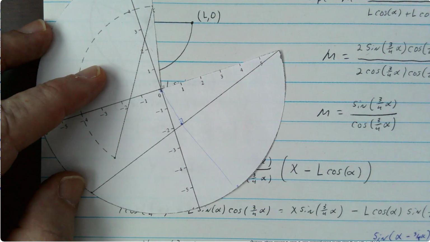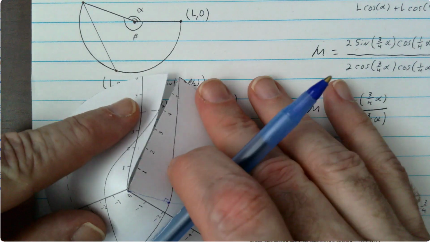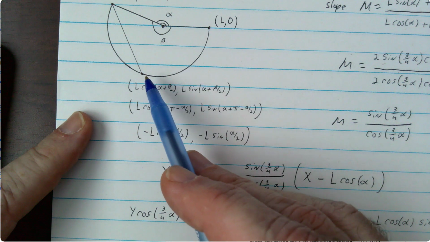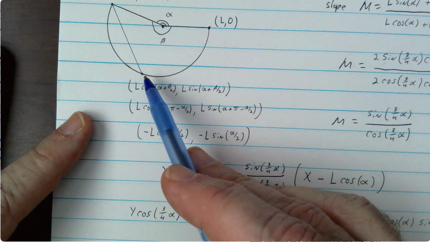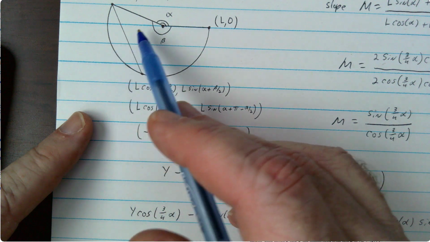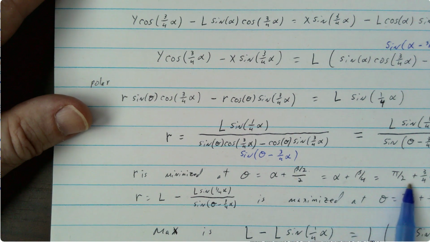And then where that's maximized, when you make the cone, that'll be maximum elevation. This is at alpha. This is at alpha plus beta over 2. So I added beta over 2 to alpha. So half of that is beta over 4. So alpha plus beta over 4 will be the angle.